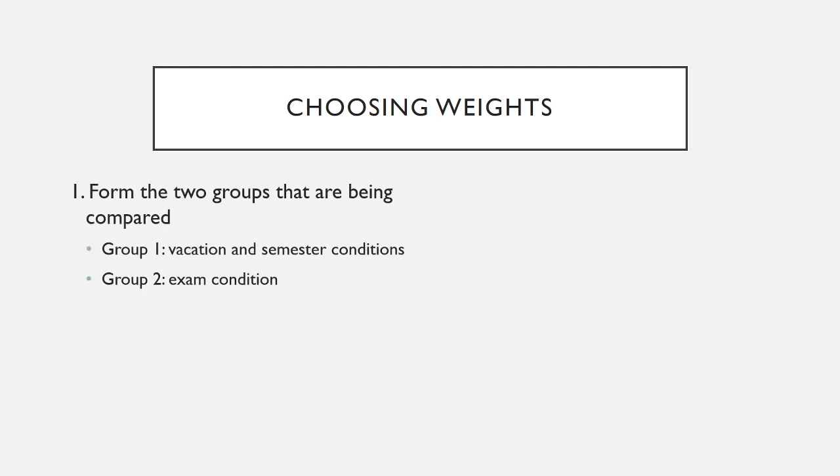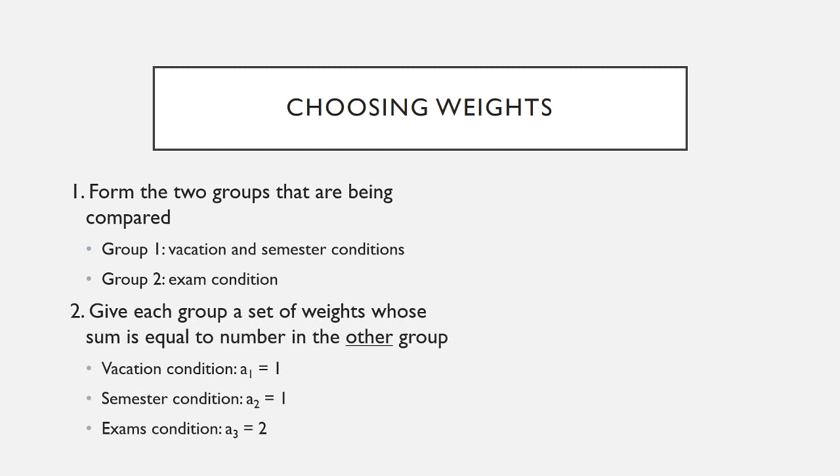Okay, so first you need to figure out what the comparison is that you're doing. So, as opposed to just running your F statistic that tells you that the groups are different, you're specifically thinking which groups do you think are different, and you're pooling together the groups that you think are roughly the same. So if you just think that exam is different, place that group or level alone, and then have the other group comprised of all the other levels that you think are the same.